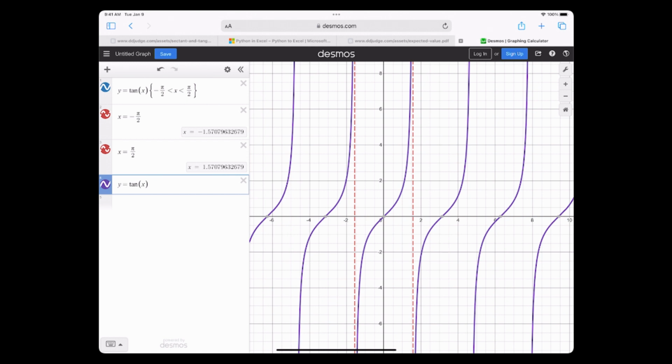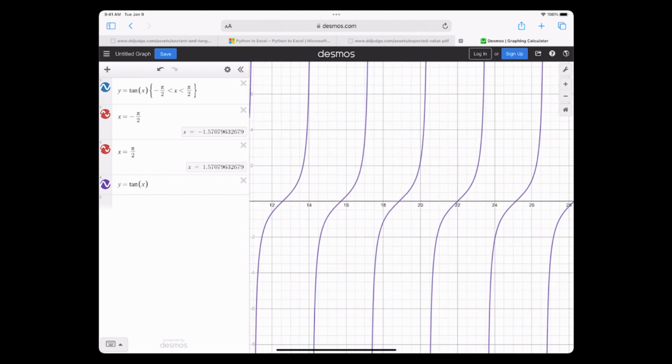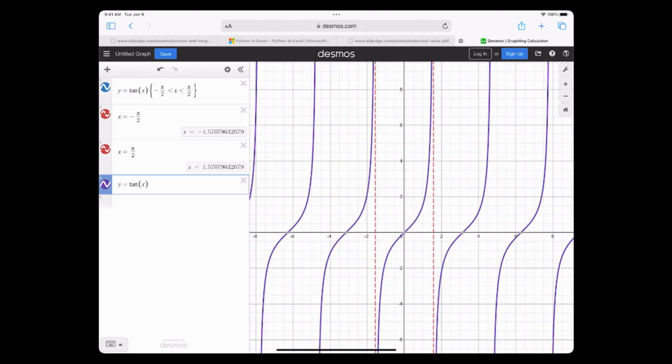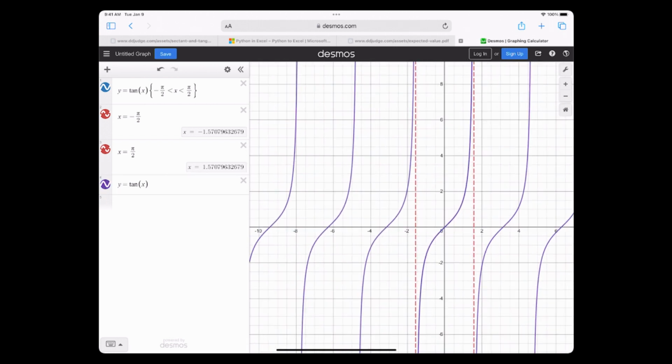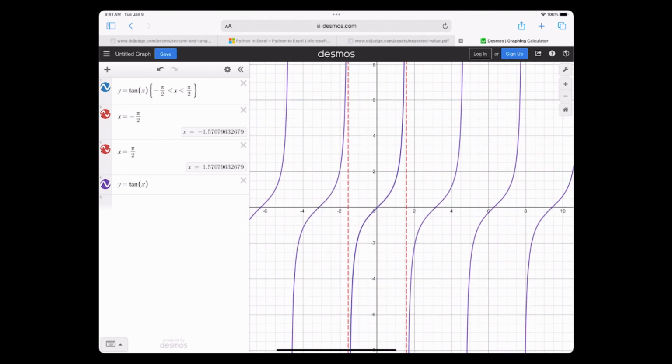And thankfully, we don't have to draw infinitely many, right? There's many cycles of this tangent curve. So, ladies and gentlemen, we've just started the discussion on how to graph tangent and even cotangent. I'll show you cotangent, but it's on that worksheet.